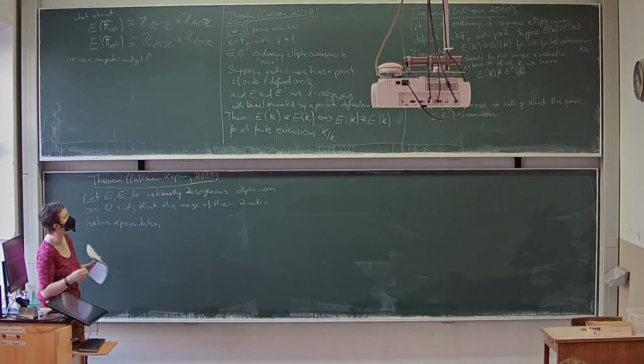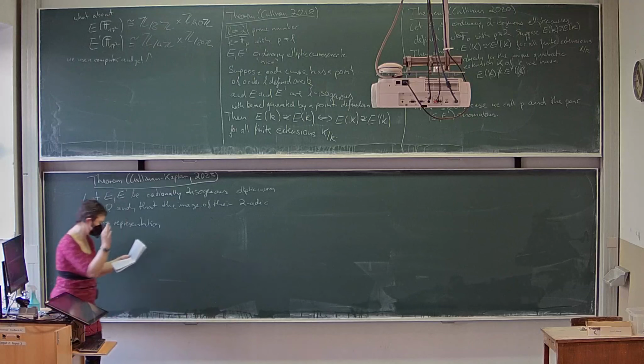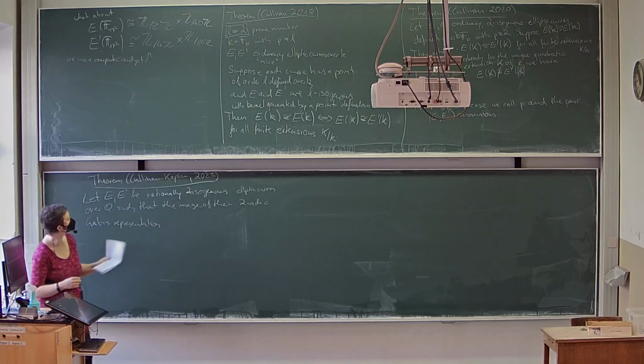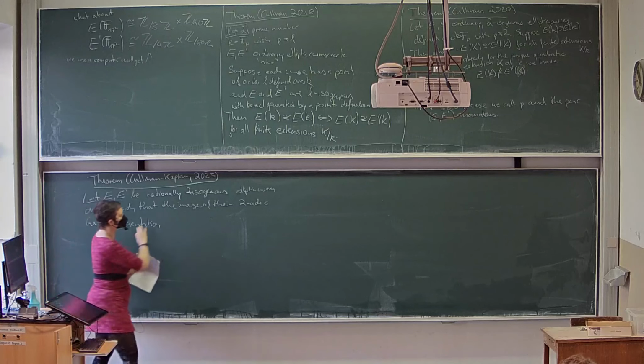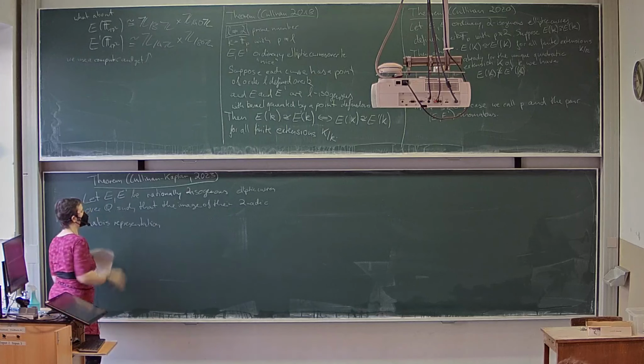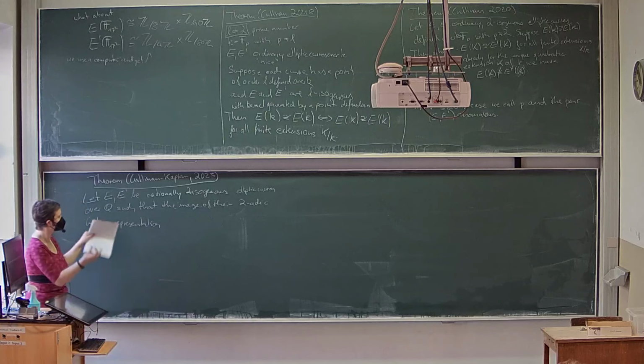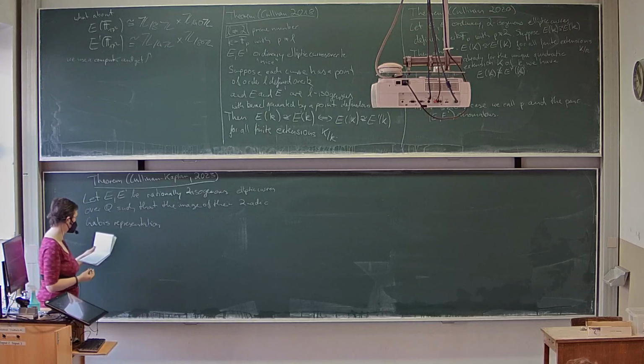I think the largest possible is something like order 6, but I'm not very sure about this. But we calculated some images, and I think they were usually of size 2 or something like that, but this can also be larger.